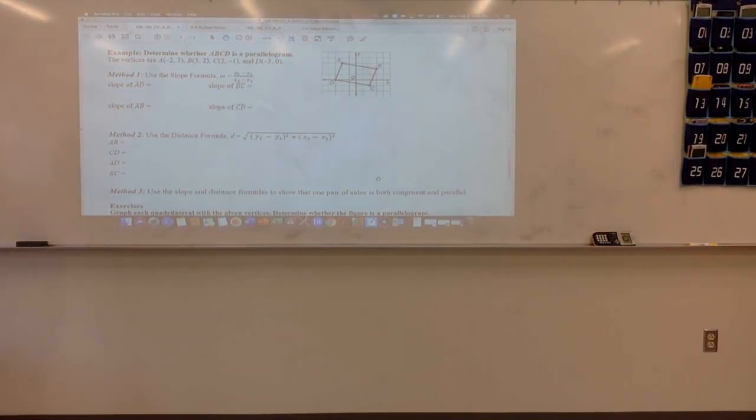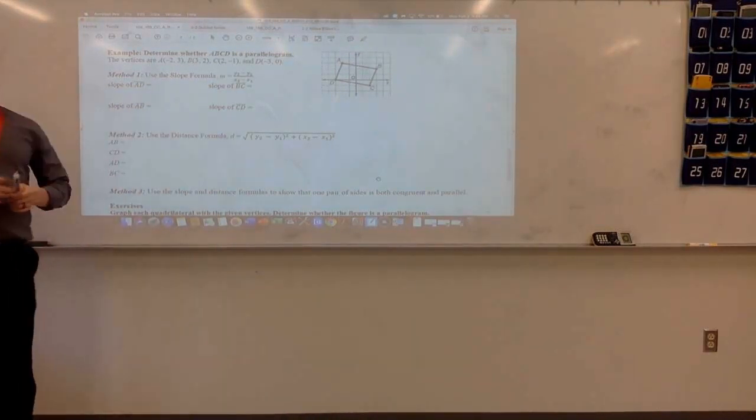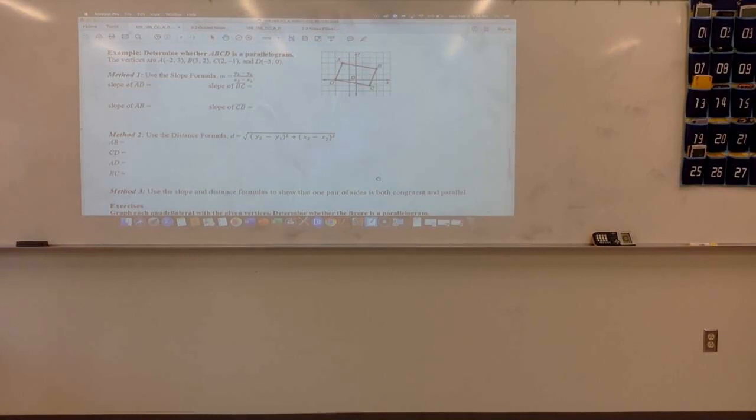Alright, we left off on the back last Friday where we were trying to prove that a figure was a parallelogram or not.